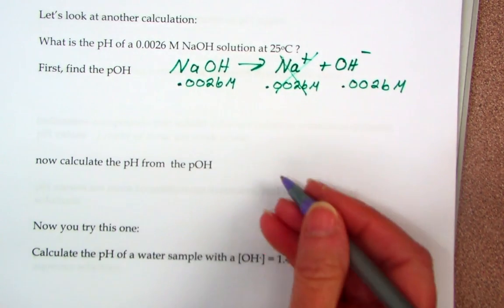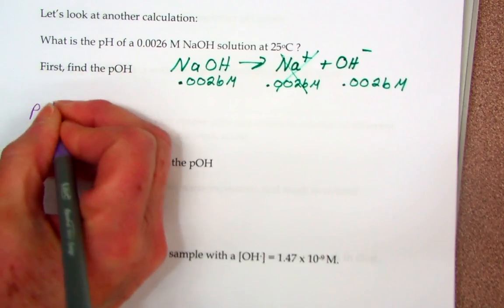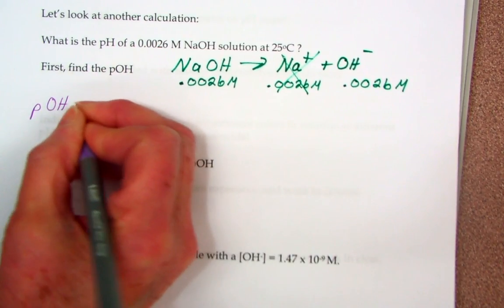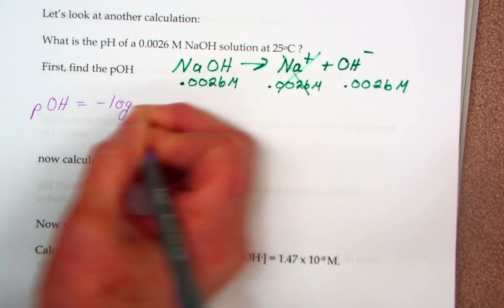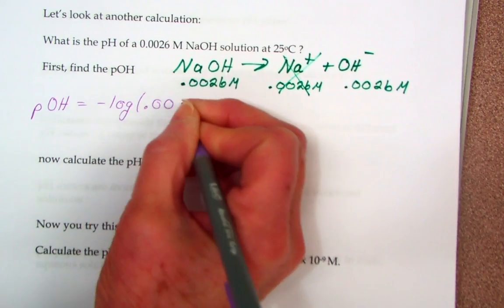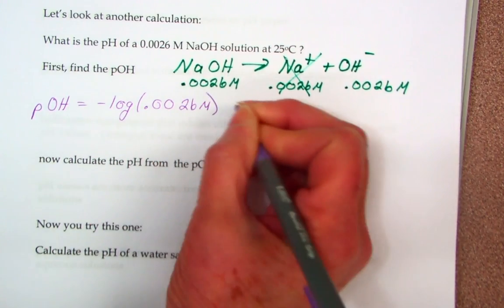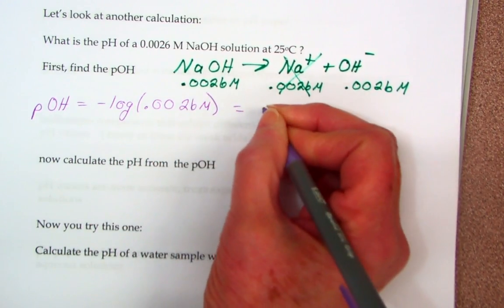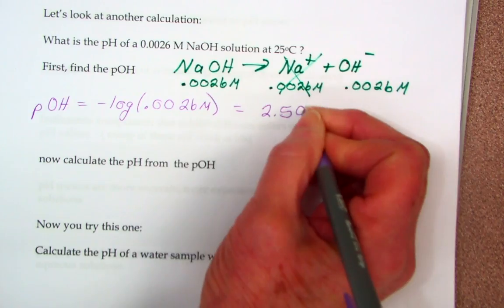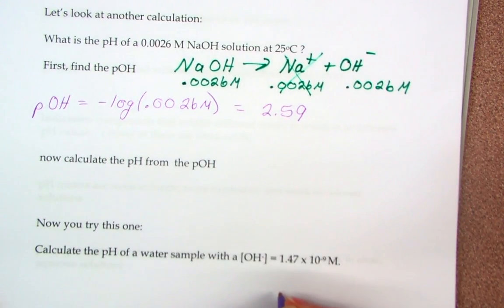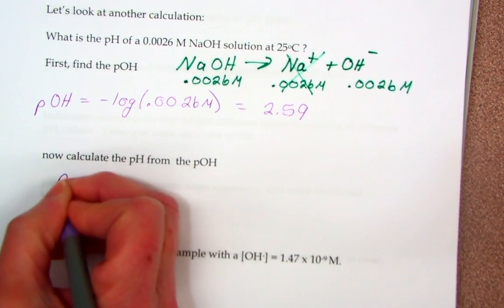Okay, so we find the pOH. pOH is minus the log of 0.0026 molar, so that is equal to 2.59. Now I can find the pH from the pOH.